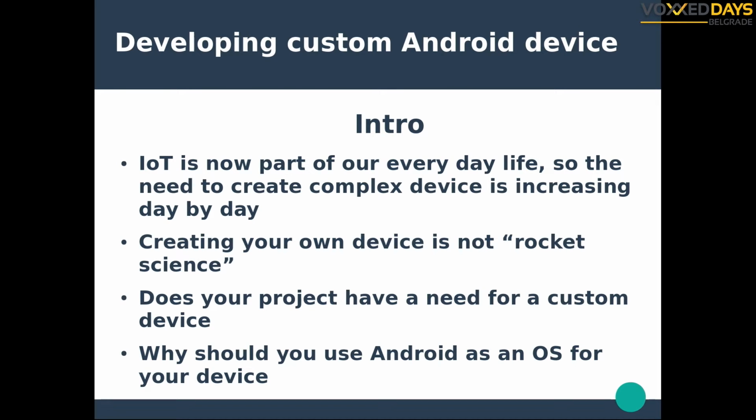If there is, I would really recommend you go that way, because creating a custom device is a very, very difficult path. It's not only for the big guys. You can also do it, but you will have to invest a lot of time and effort, and money, whichever way you decide to do it.